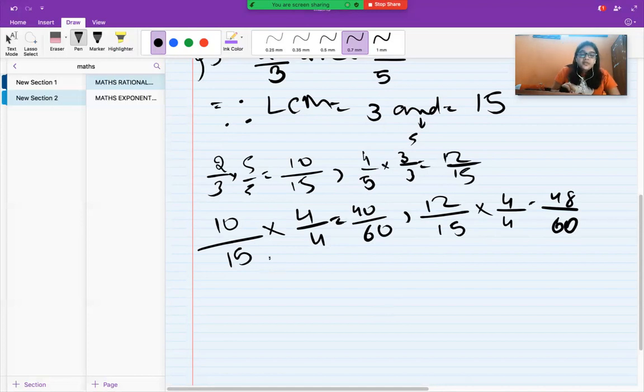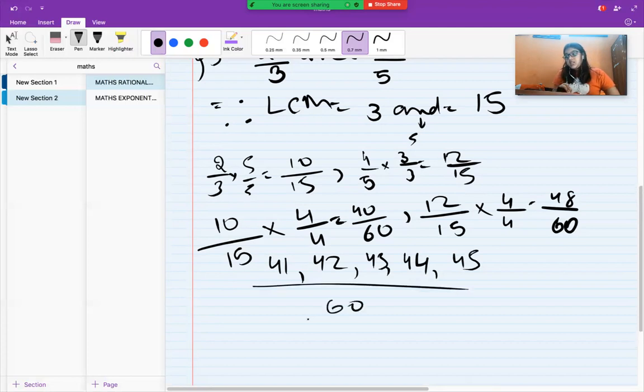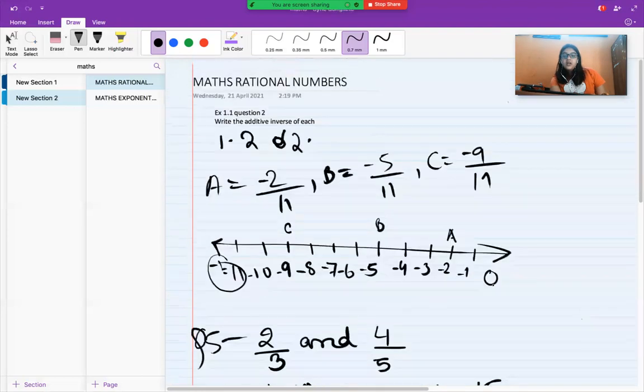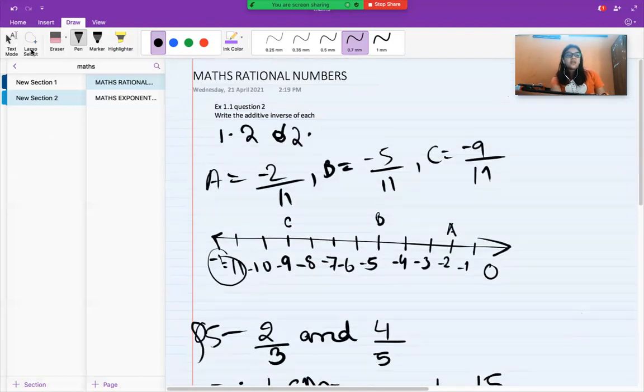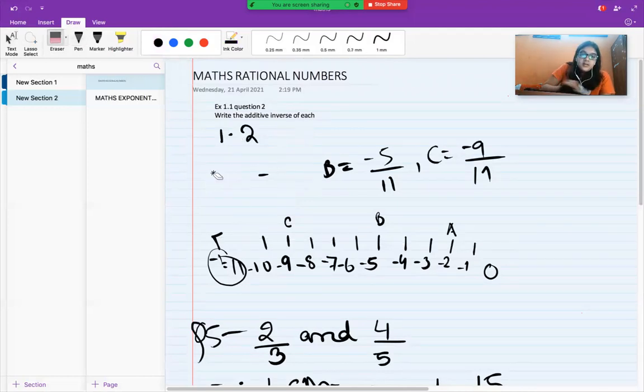So it's 41, 42, 43, 44, and 45 by 60. So it's 5 rational numbers between 2 by 3 and 4 by 5. So we have done the whole question answers of rational numbers, and then we are going to do a brief on them. So let's get started.